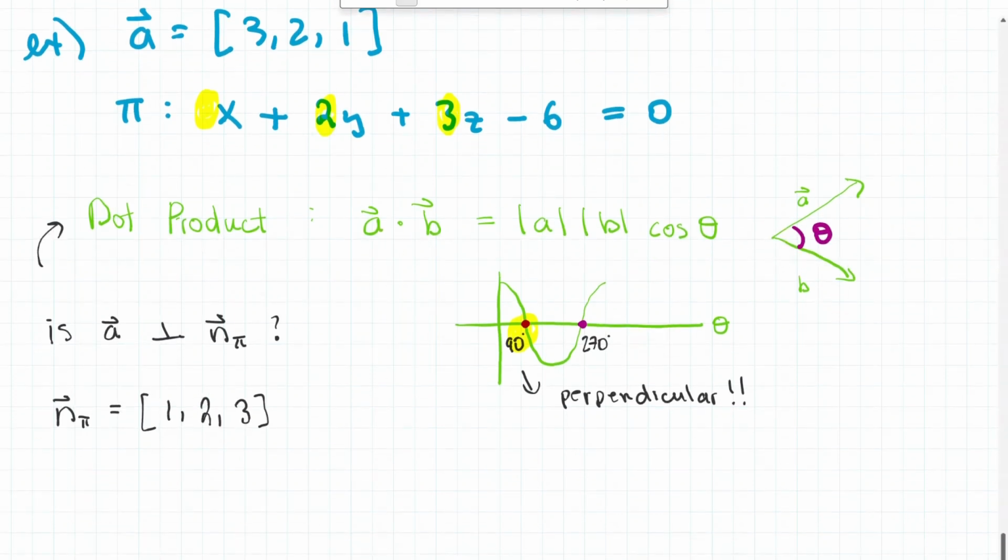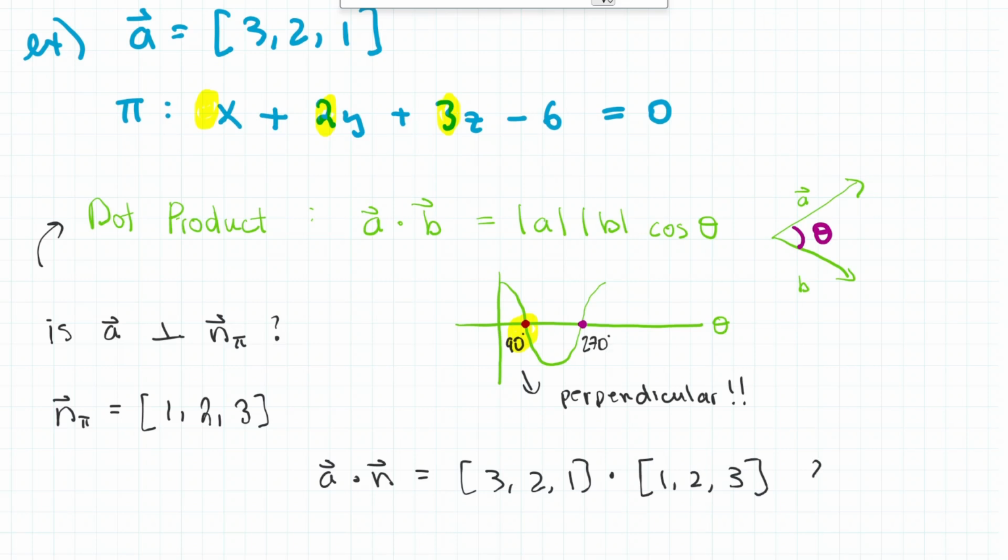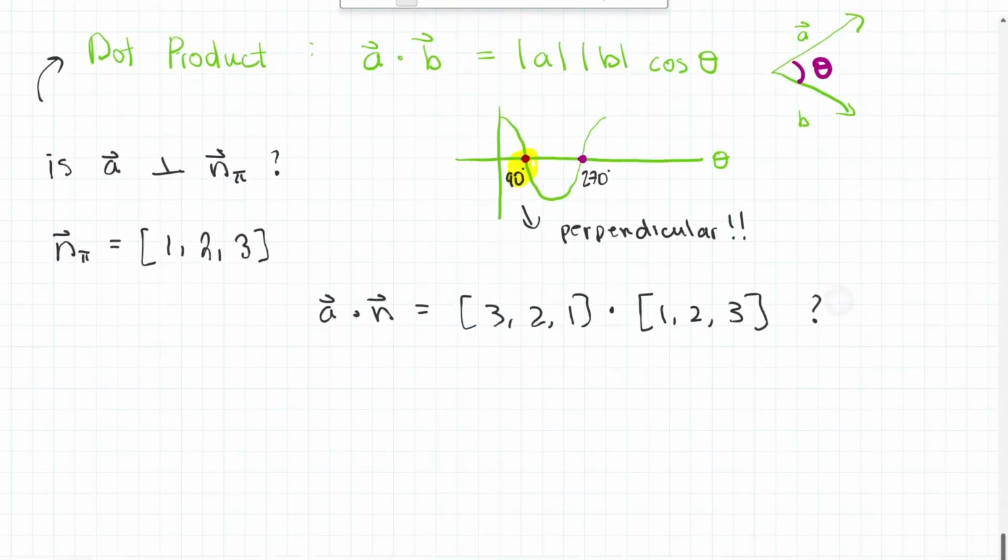So let's go ahead and compute the dot product. We want to find A dot n, which equals 3, 2, 1 dot 1, 2, 3. This definition over here uses the angle, but we also can use the other definition where we just take the multiplication of each of the terms and then add them together. So let's go ahead and do that.